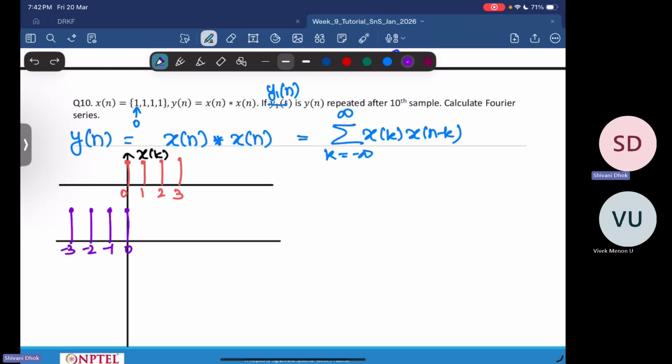This is your x of minus k. So this is when your n is equal to 0.